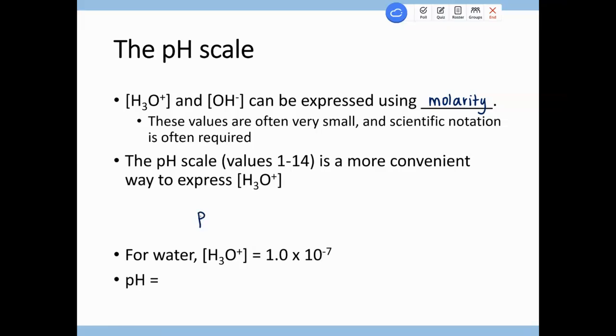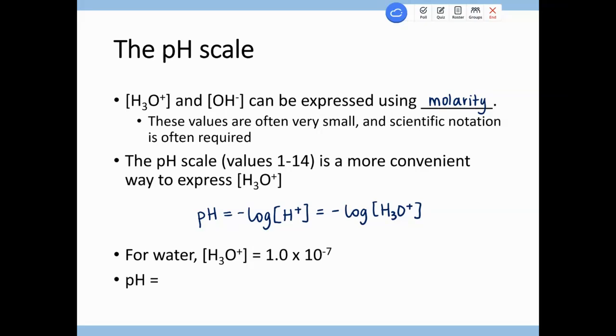So the equation for pH, make sure you have this down. We take the negative log of the concentration of H plus, or we can say negative log of the concentration of H3O plus, because H plus and H3O plus are interchangeable for us. The log is a function in your calculator. So if you know the concentration of H3O plus, you take the log of that and then change the sign. Log is base 10.